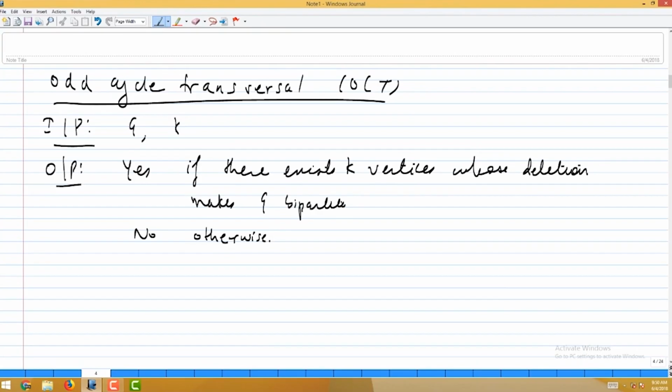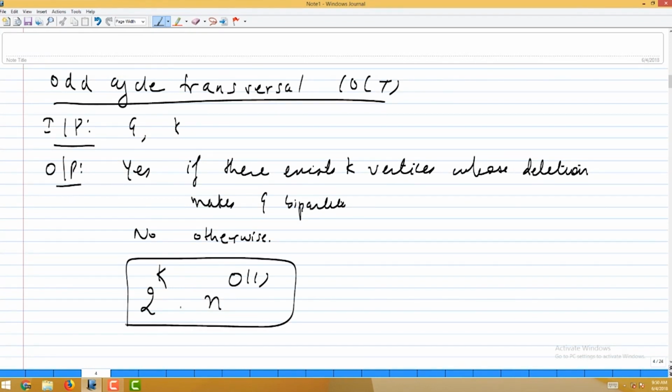For example, if I have to find whether there is a small odd cycle in the graph, and I can give you an algorithm which runs in time 2 power k poly n, then if you are looking for a small odd cycle, your k would be small, right? So this would be a polynomial time algorithm.